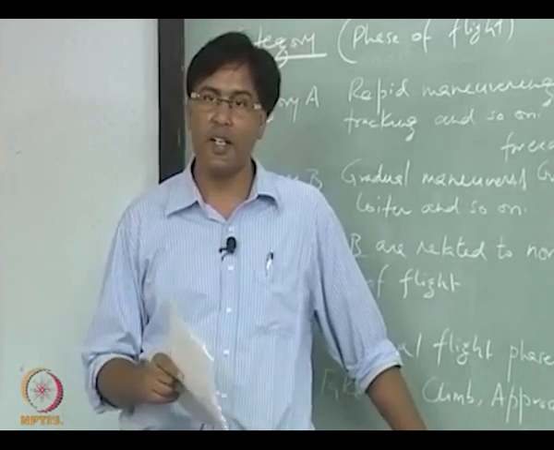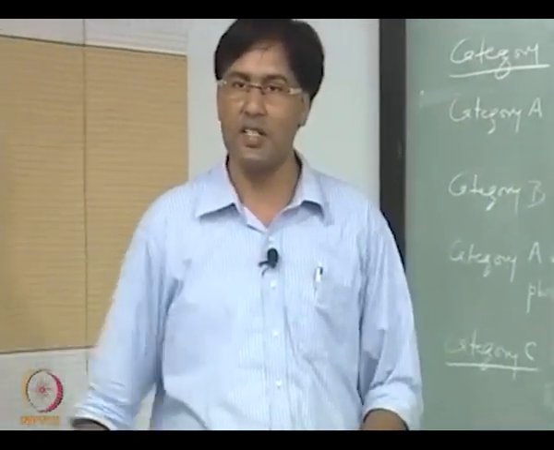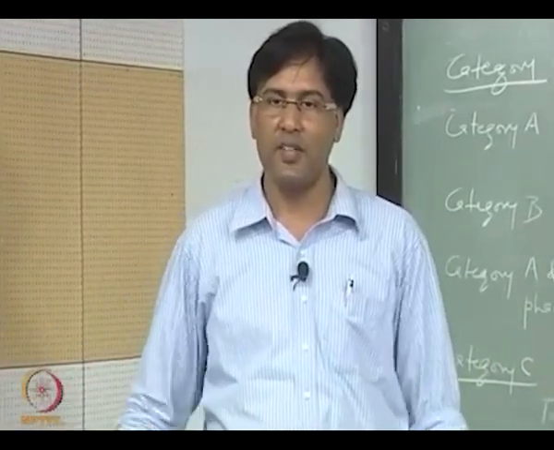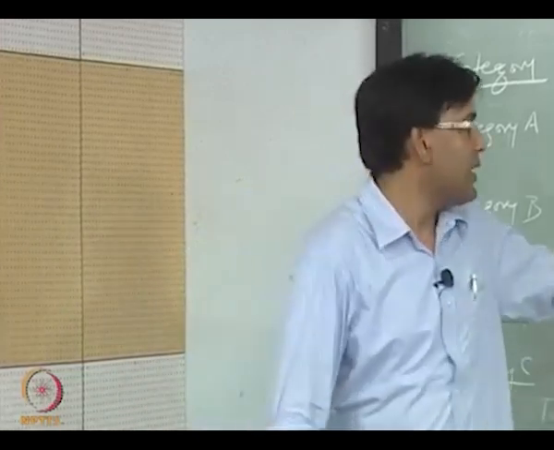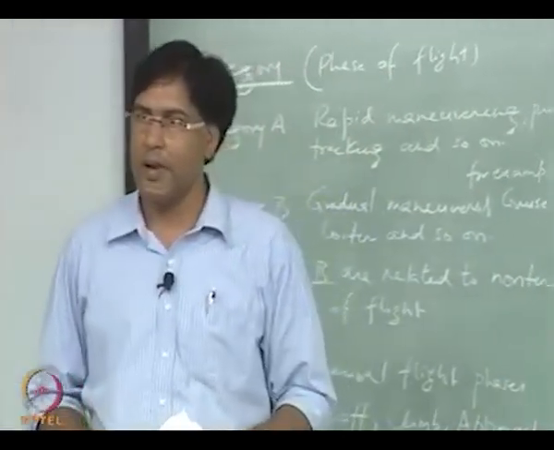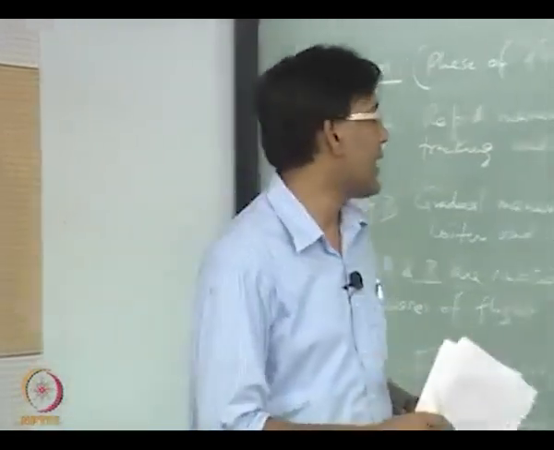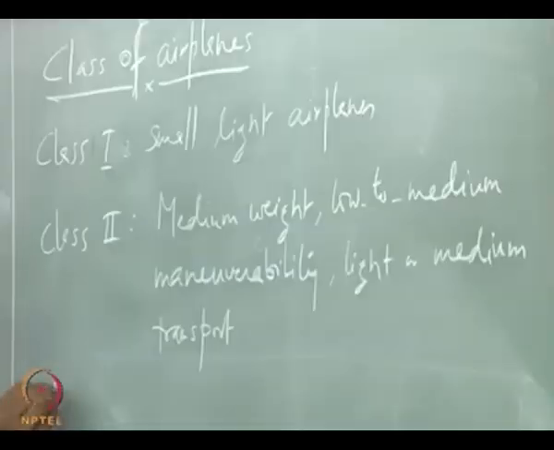If you are flying from, let us say, Delhi to Kanpur, it is a short distance, you are going to see some airplane with only 20 passengers seating capacity, right. So you have different classes of airplanes. Now, other than combat or non-combat aircraft, you have these classes also.